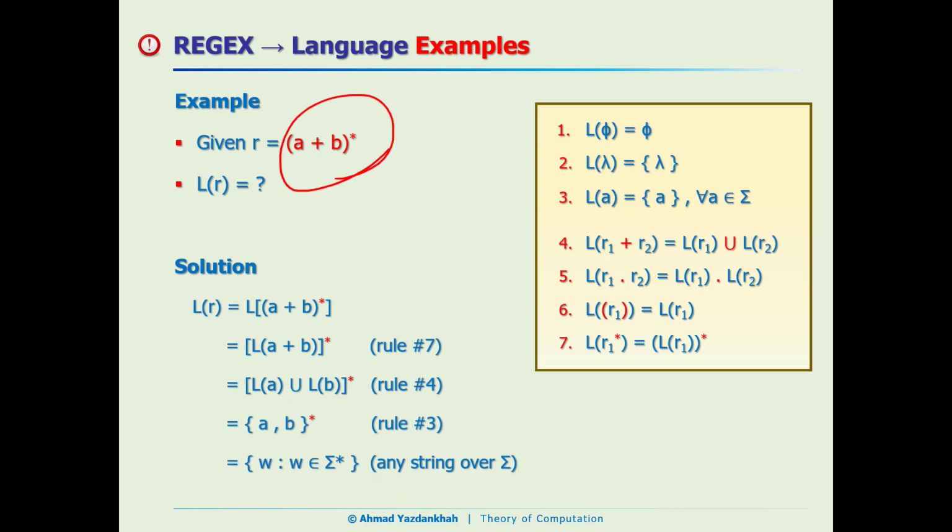This is an important one because many times we are looking for everything, and when we say we need a regex for everything, we need to remember that it is equivalent to (A plus B) star. Of course, this is if the sigma is just A and B; if we have more, then we need to add them as well.